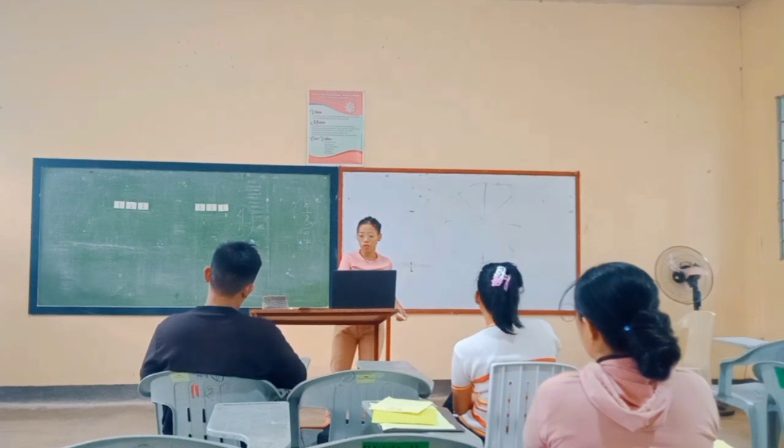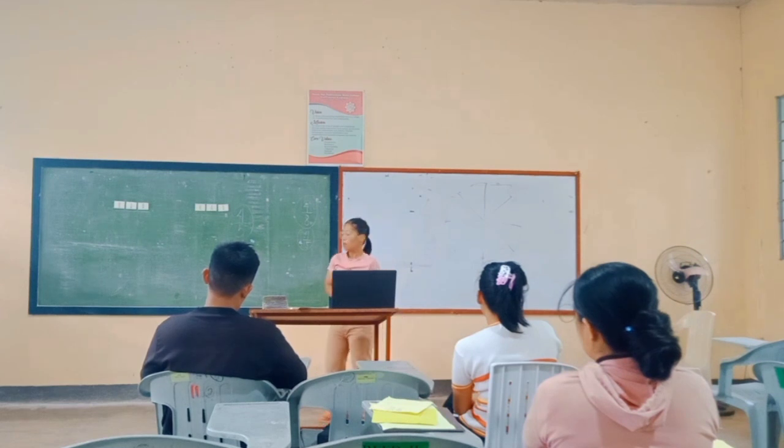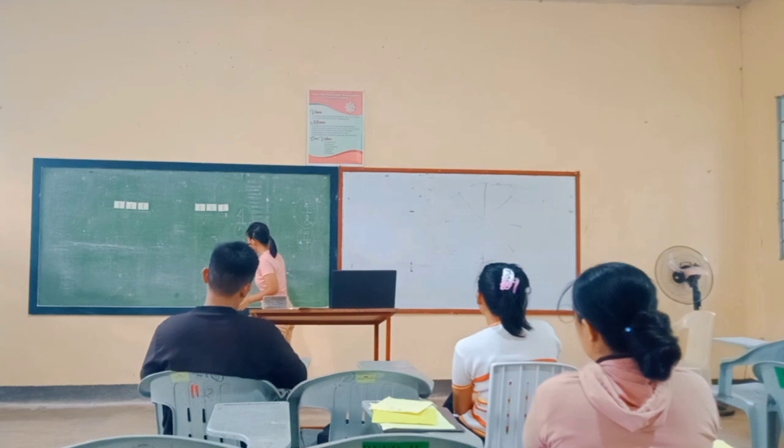In comparing dissimilar fractions, we have steps that we should follow. The first thing we need to do is list the multiples of the two denominators. These are the denominators.